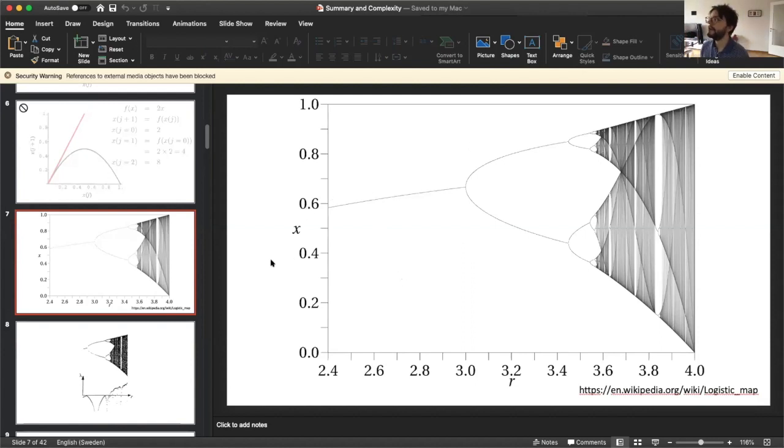You have a regime with one fixed point and a stable solution when R is very small. In the case of the tent map, it is when the factor that I picked as 2 is not 2, but is smaller than 2, or smaller than 1, sorry.